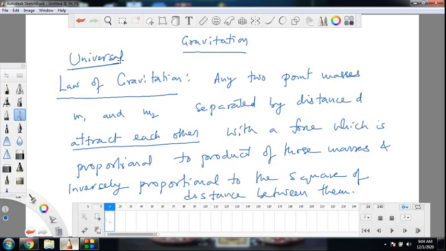So let us understand what this is saying. Any two point masses, that means any two masses having size tending to 0, separated by distance d, attract each other with a force which is proportional to the product of those masses and inversely proportional to the square of distance between them.